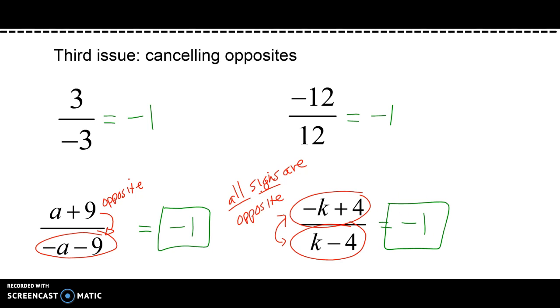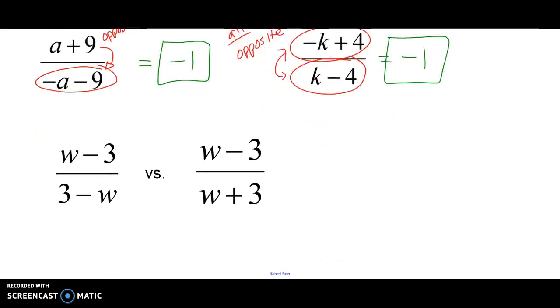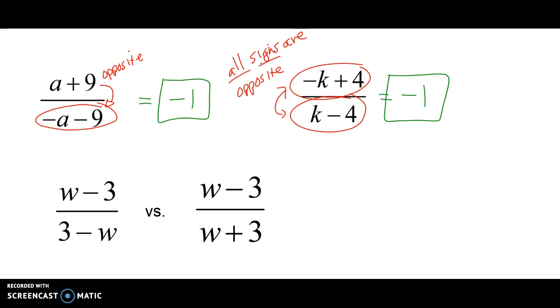The place where people tend to go wrong is with problems like this. One of these has actual opposites and cancels to -1, and the other one isn't really opposites. So take a look at the right-hand one, w minus 3 over w plus 3. These are not actually opposites.